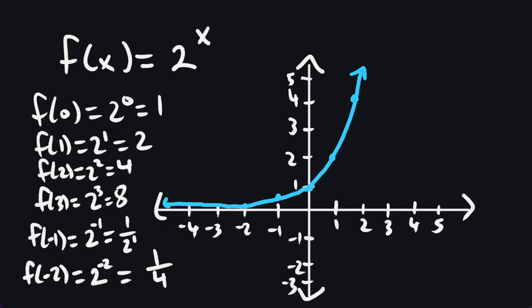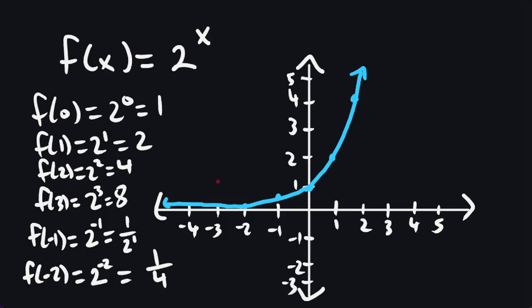And that makes sense because 2 to the power of any number will never give you a negative number. It must always be a positive number. And also, it will never give you 0. In fact, you can see that this exponential function gets closer and closer and closer to 0 as we tend towards negative infinity in this direction, but it never actually reaches 0.